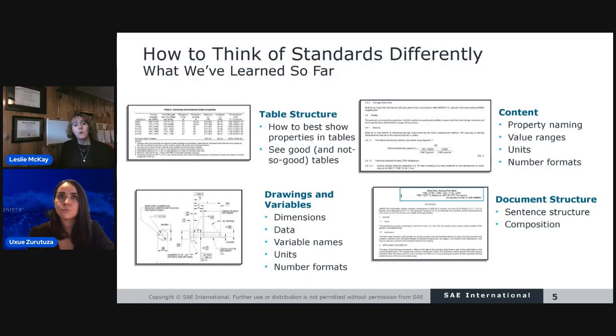Uxue and I are going to go through each of these, and we've got a lot of examples to share to help guide you in how you can think about standards differently, think about how you're writing them differently, and start writing standards in a format that will make it easier for you to use machine learning models to digitize your standards.